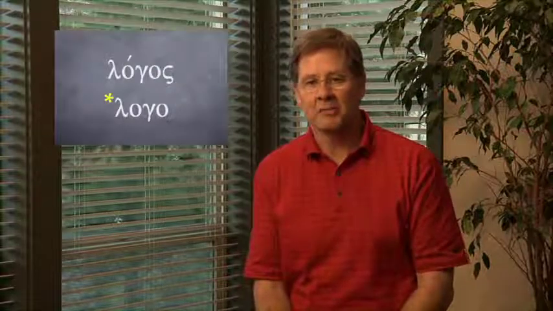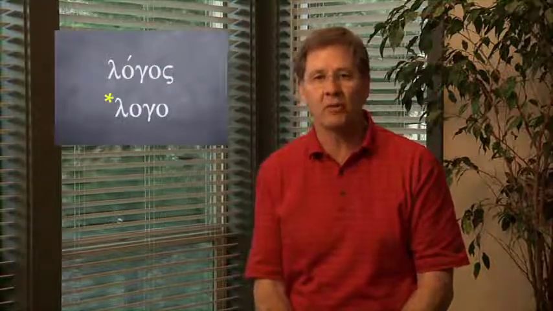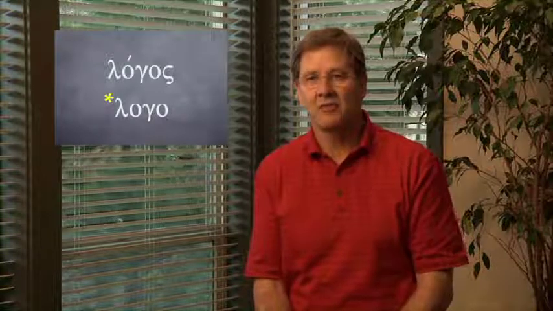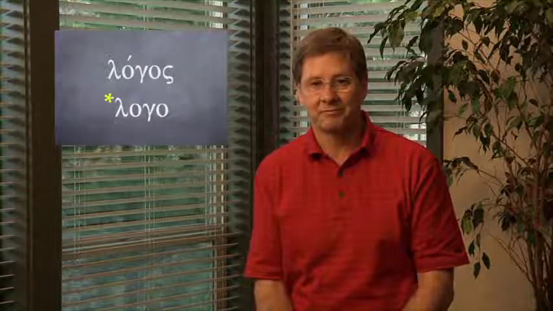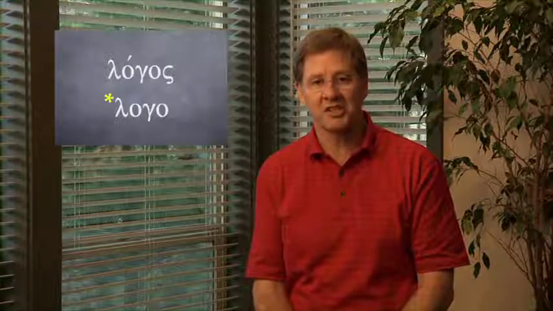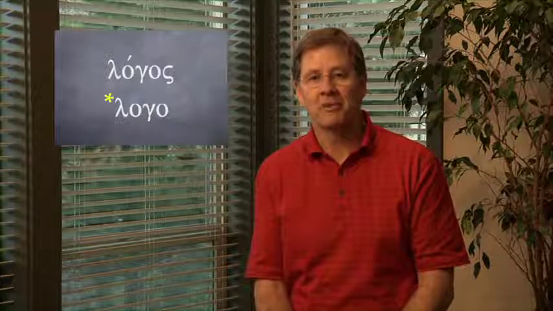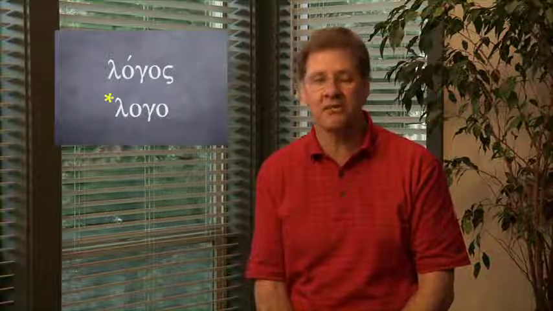Well, first of all, start with the concept of what's called a stem. What's a stem? The stem of the word is the most basic fundamental form of the word. Let's say you memorize the word logos. Okay, if you drop that sigma off, you end up with logo. Okay, that's the stem of the noun. That's its most basic form.